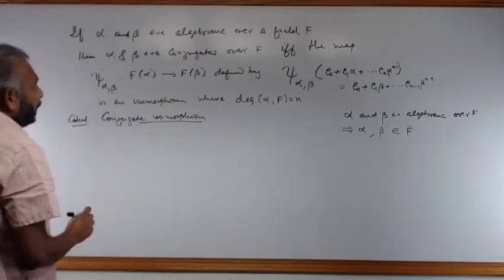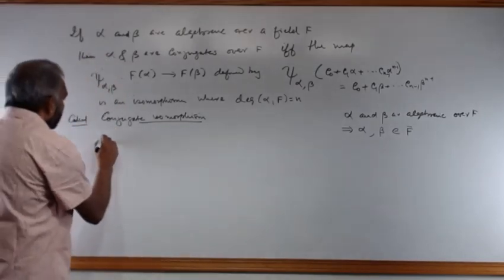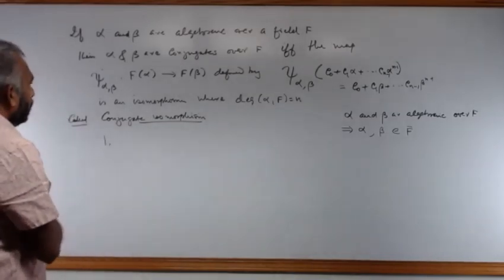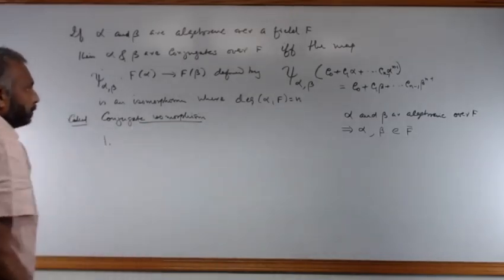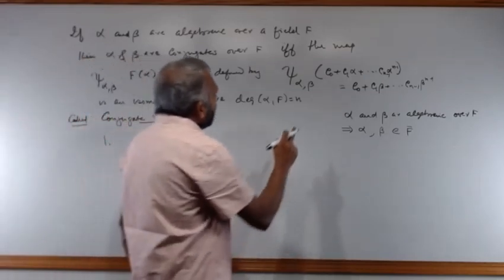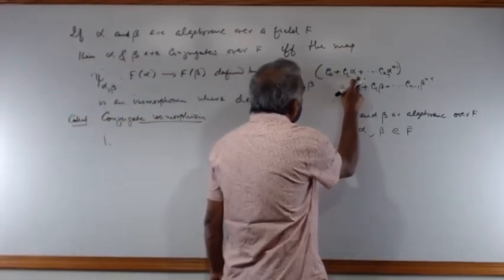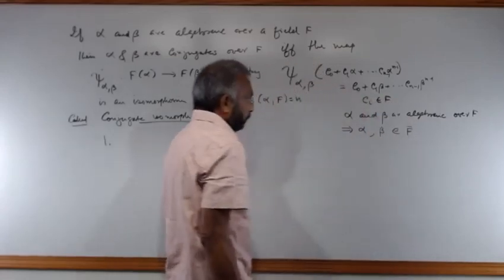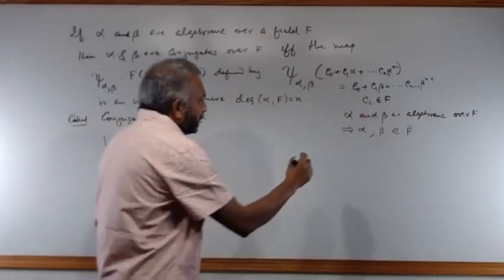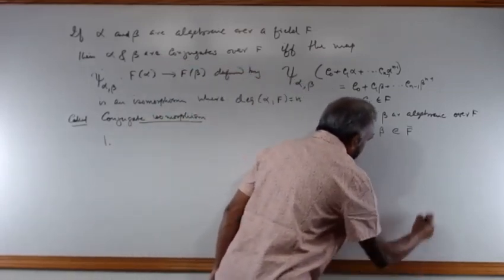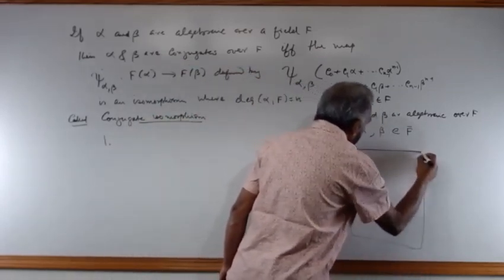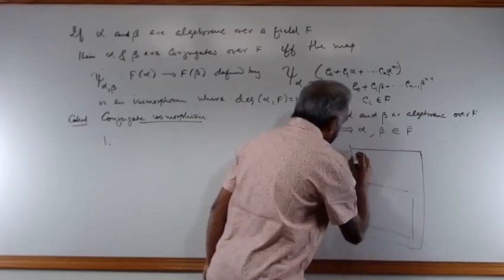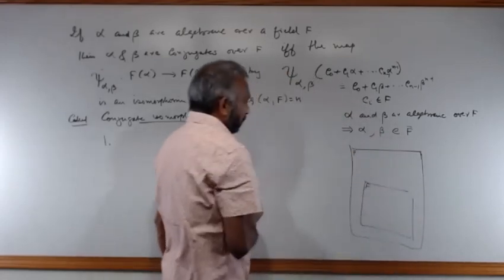One property that we need to observe here of this conjugate isomorphism is that these elements C0, C1, C2, etc. are all coming from F. If you draw a diagram, this is our F and this is our F closure.